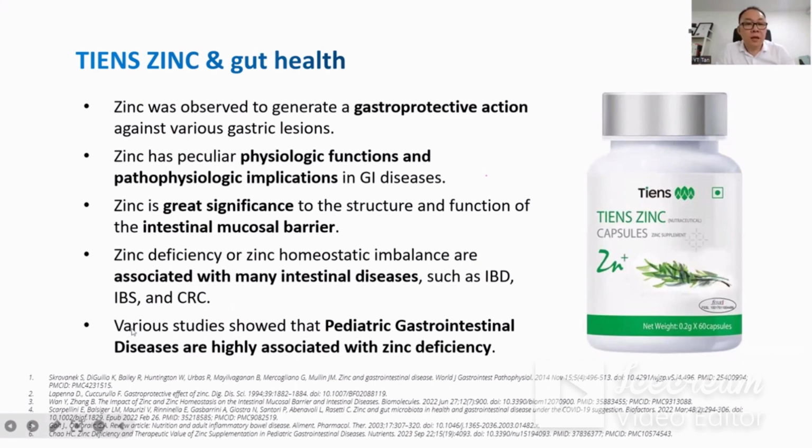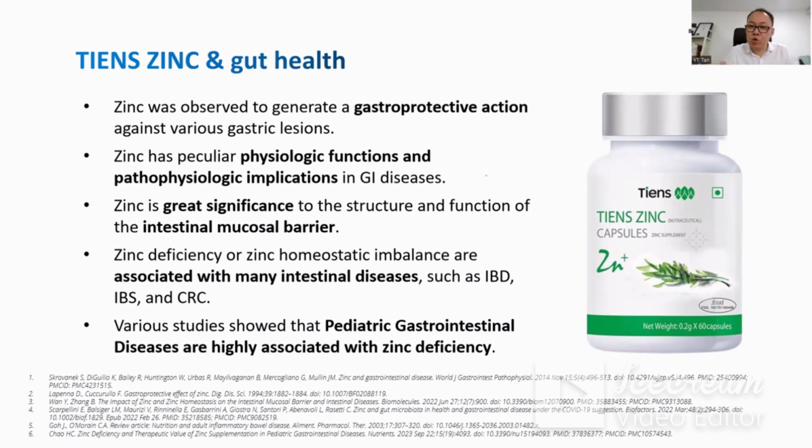Various studies show that pediatric gastrointestinal diseases are highly associated with zinc deficiency. What are pediatric gastrointestinal diseases? It means gastrointestinal diseases that happen in kids, in children.